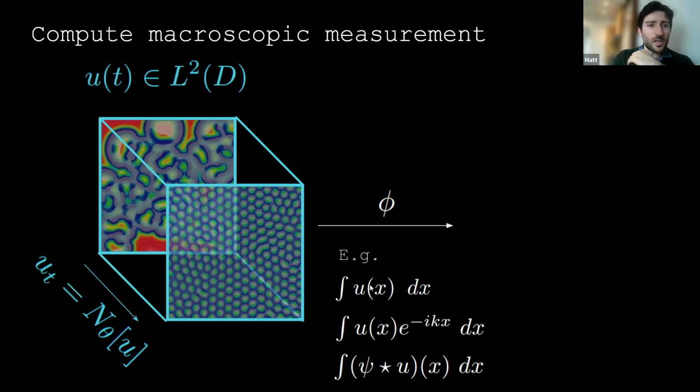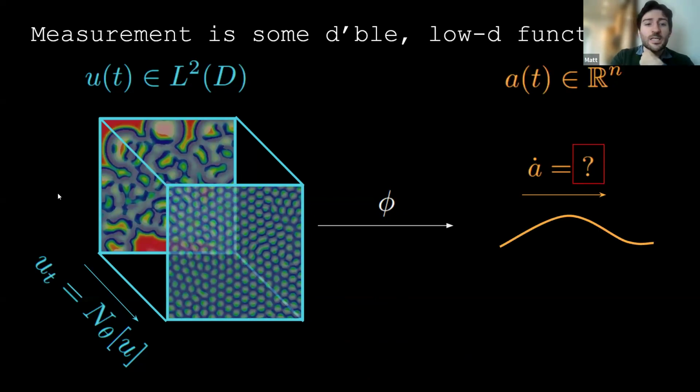But what we find in general is that it's macroscopic. We're taking averages, and we assume that phi as an operator is well behaved with respect to this solution, because what we really care about is the image of the solution in measurement space.